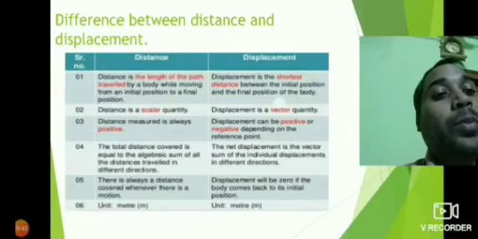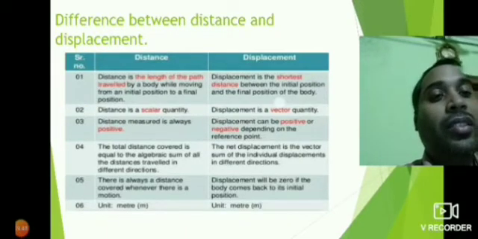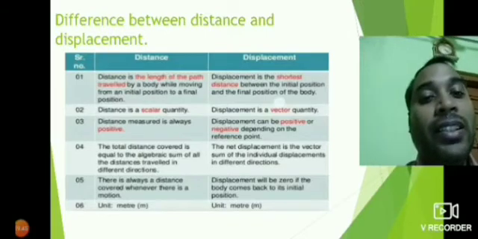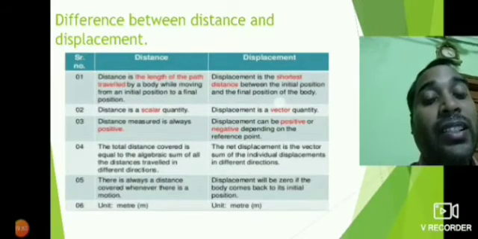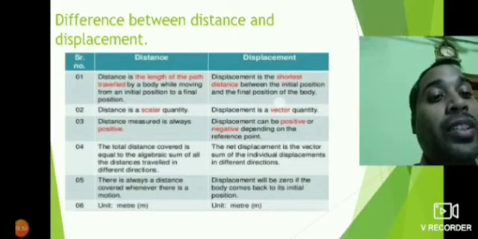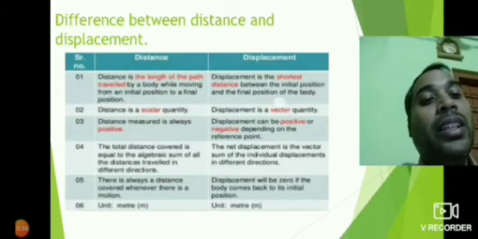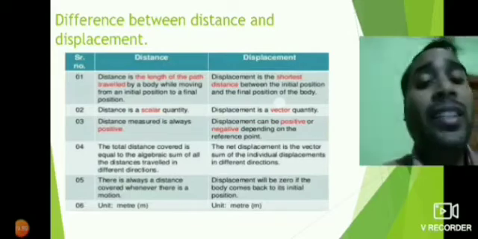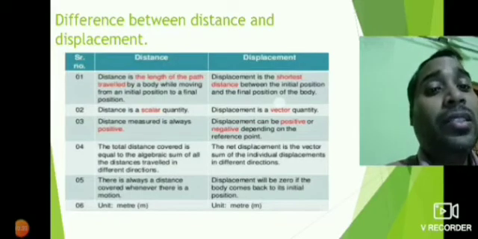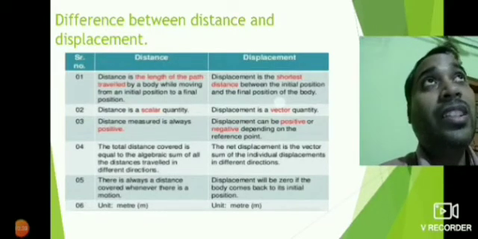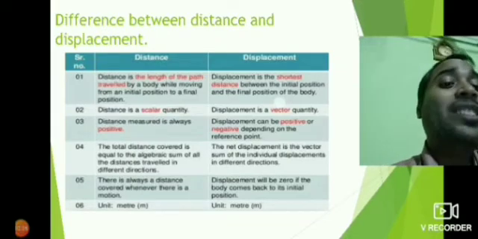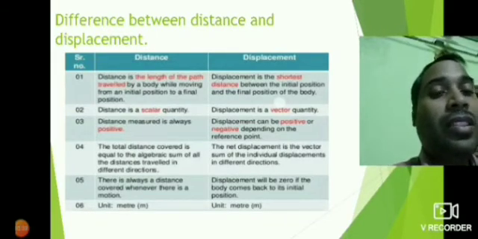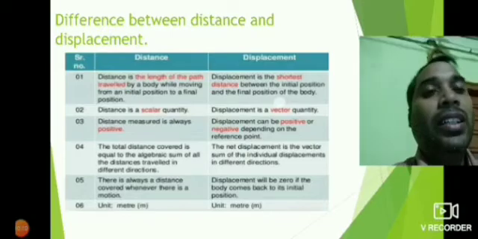Then the net displacement is the vector sum of the individual displacements in different directions. Then there is always a distance covered whenever there is motion. Displacement will be zero if the body comes back to its initial position. So distance can never be zero whenever there is motion, but displacement can be zero. Just now we have discussed one example.